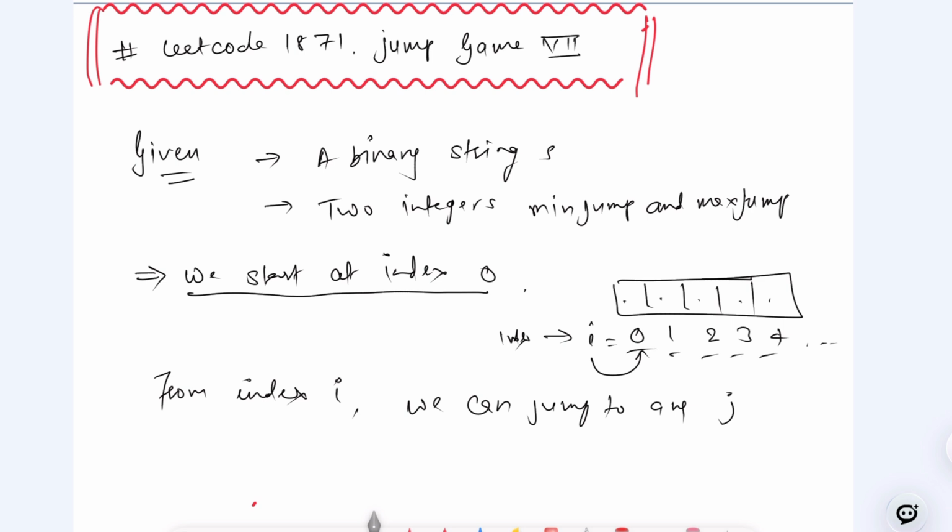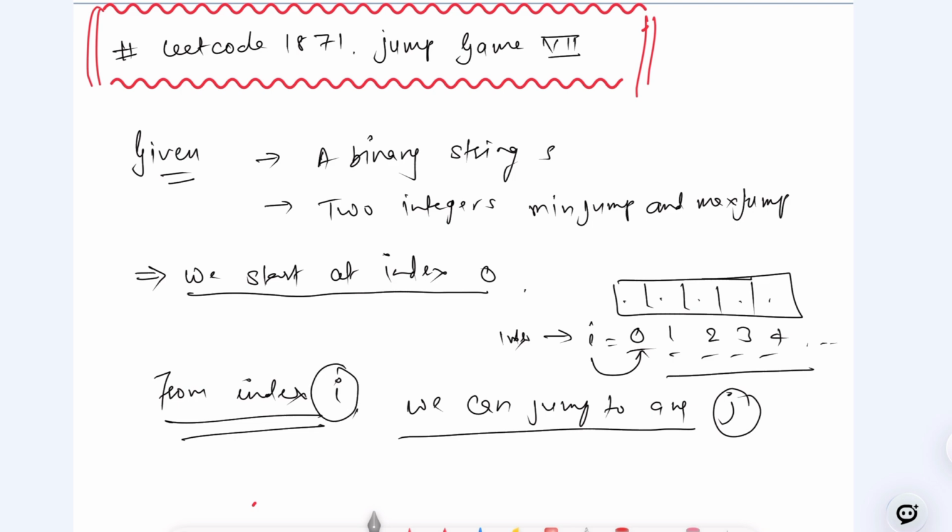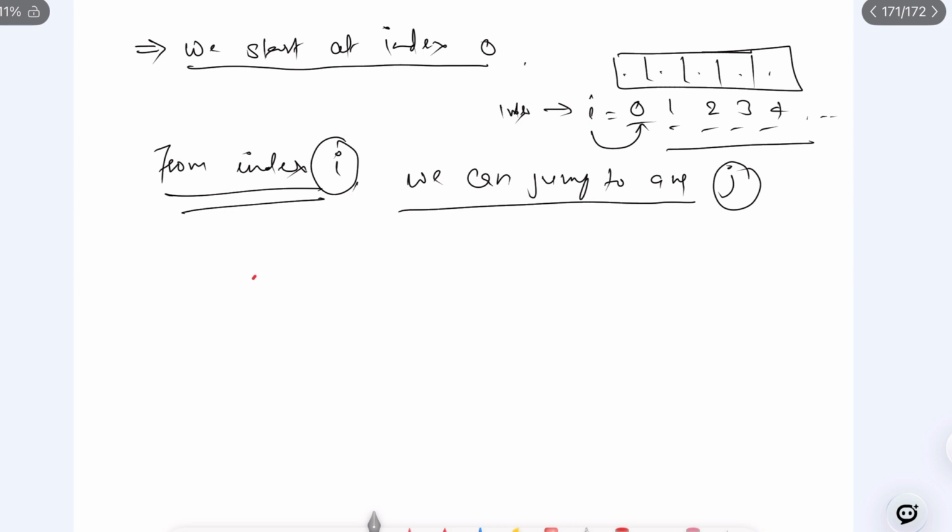So it is saying from index i, you can jump to any index j. If i is 0, j can be any of these, either 1, 2, 3, 4. So from any index i, we can jump to any index j. This is what the question is saying.